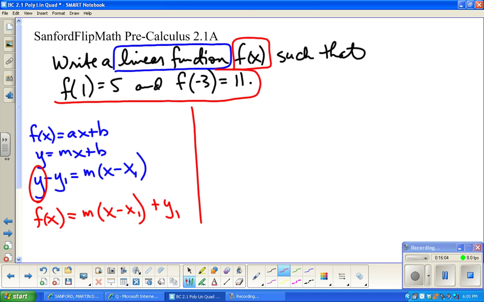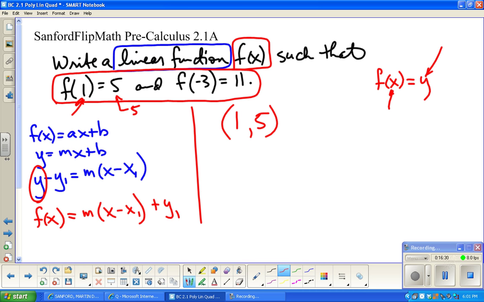And the other issue is, what is all of that other stuff here? The thing to remember is we're talking about notation where the thing over here is a y value, and the thing in here is an x value.